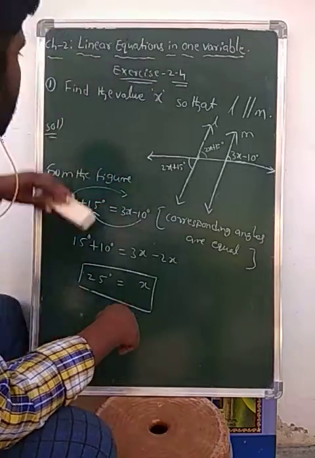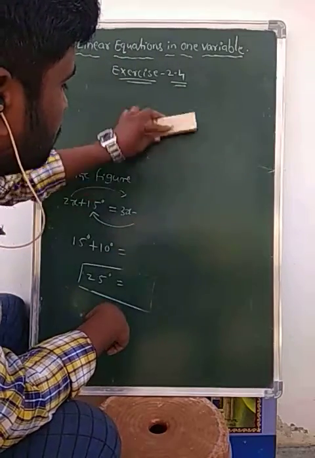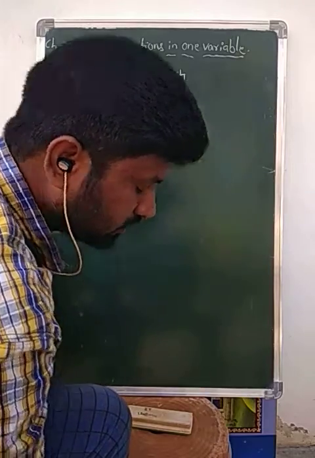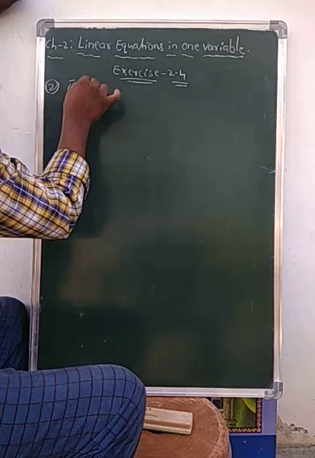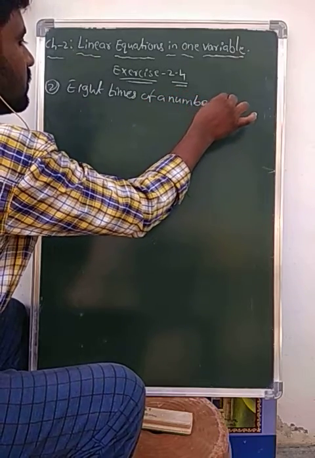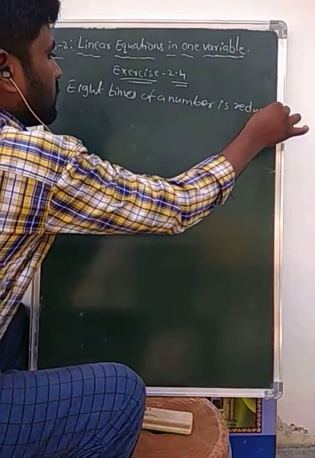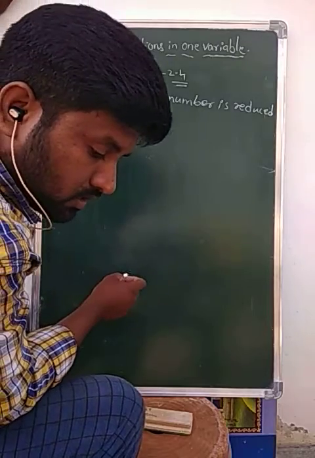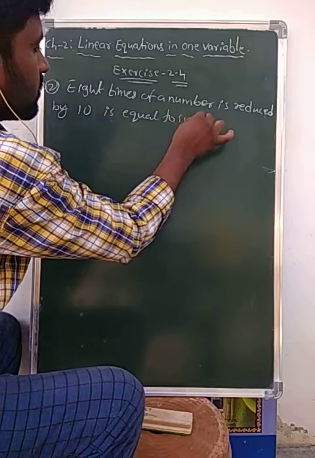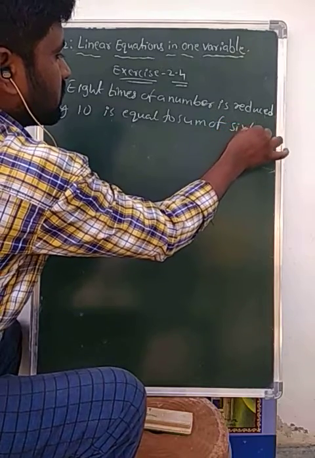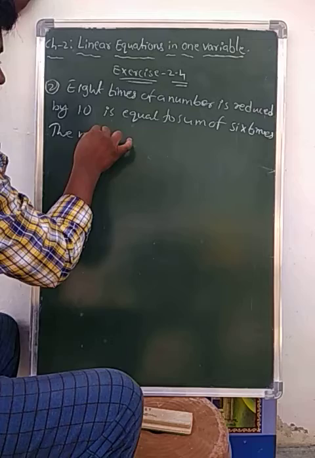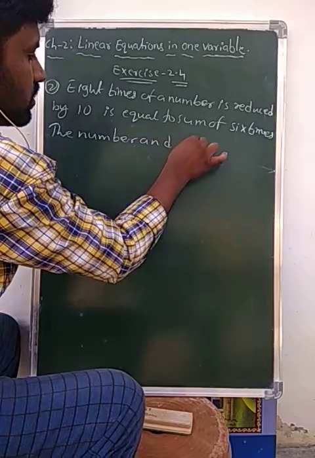Okay, now see the second one. Question number 2 is given: 8 times a number reduced by 10 is equal to the sum of 6 times the number and 4.